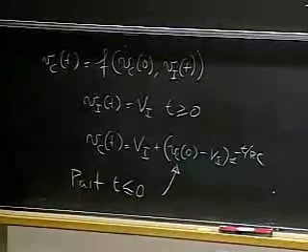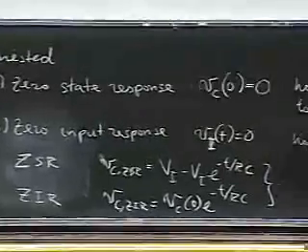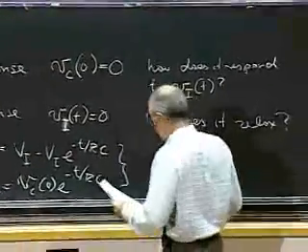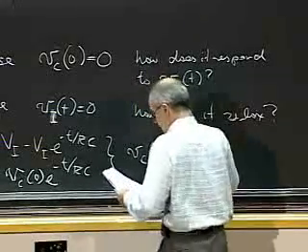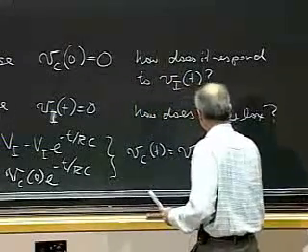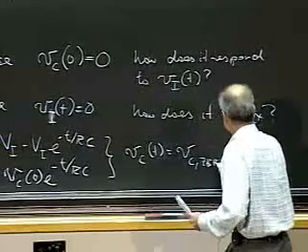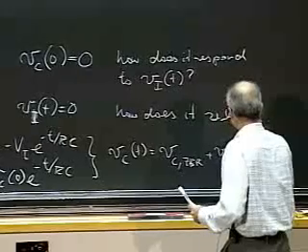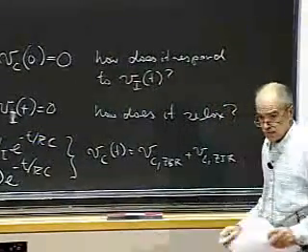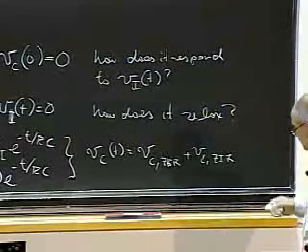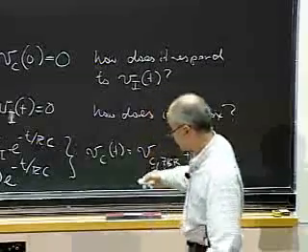It's a superposition of the two. So what we basically see here, and that's actually a general statement, is that VC is equal to VC ZSR plus VC ZIR.